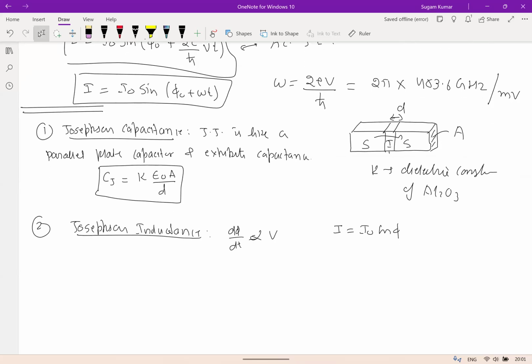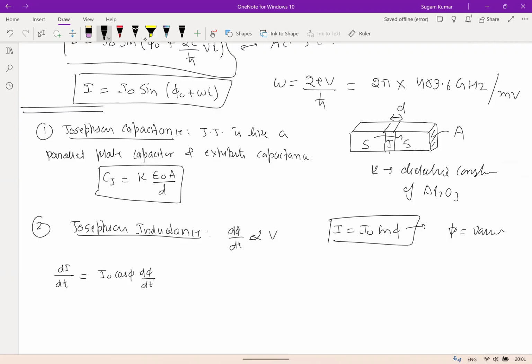And how can I find the inductance value then? I have this equation, I can differentiate it with respect to t. Now phi is a variable, so it will become I naught into cos phi, then d phi by dt.